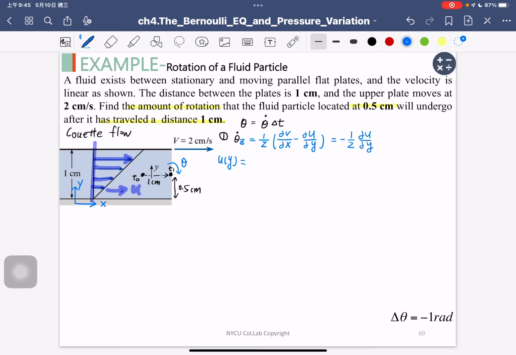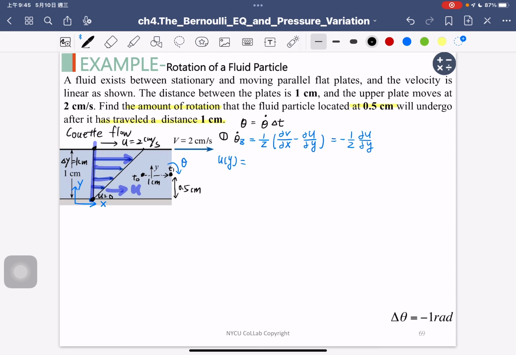Okay. And you see on the bottom, the velocity u is equal to 0. And on the top, u is equal to 2 centimeters per second. And the delta y is 1 centimeter from the bottom to the top.